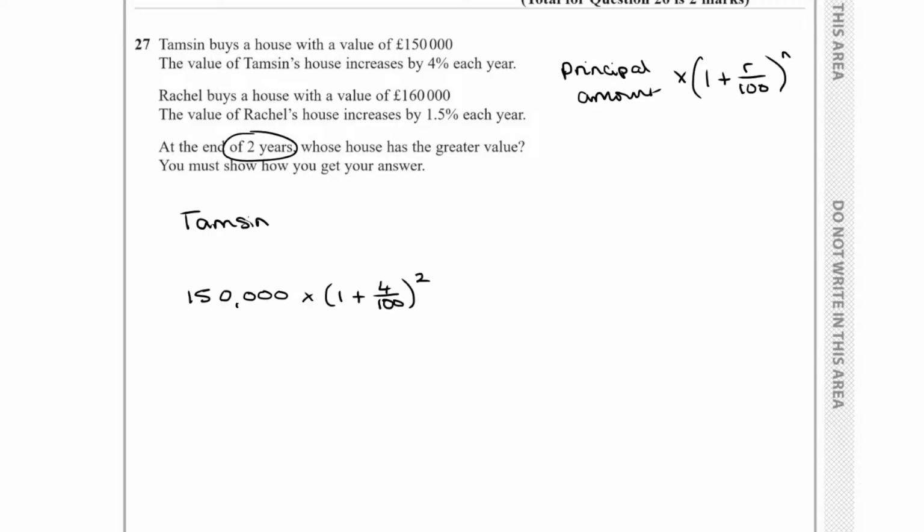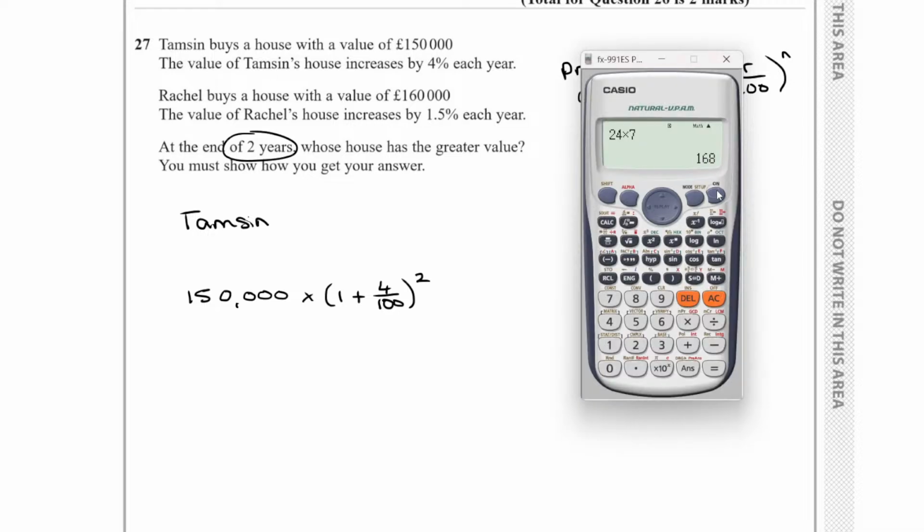So I'm just building that formula from my formula sheet. 150,000 times 1 plus, and then you can obviously put it as a decimal if you want, but this is just from the formula sheet. And then squared, just that bracket squared, not the whole thing. That gives me 162,240.